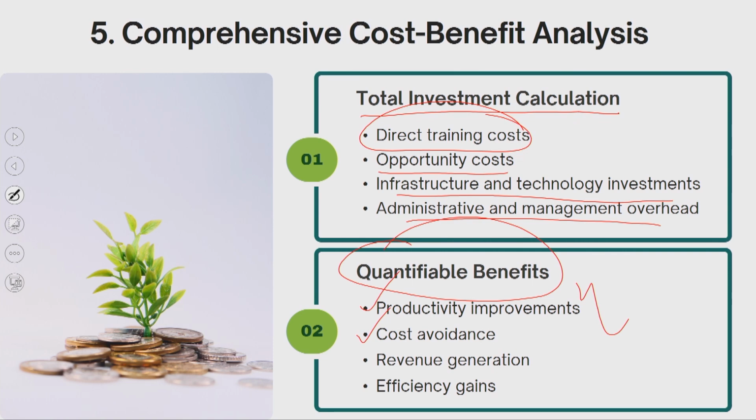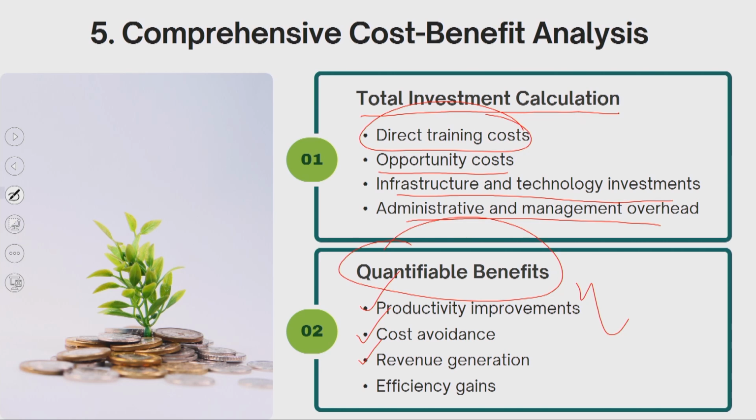When we talk about quantifiable benefits, we also look into the revenue generation possibility. Revenue generation captures direct income increases from improved sales techniques, enhanced customer service leading to higher retention, or innovation skills that drive new product development. As an example, a sales training program might generate 500,000 USD in additional revenue within the first year.